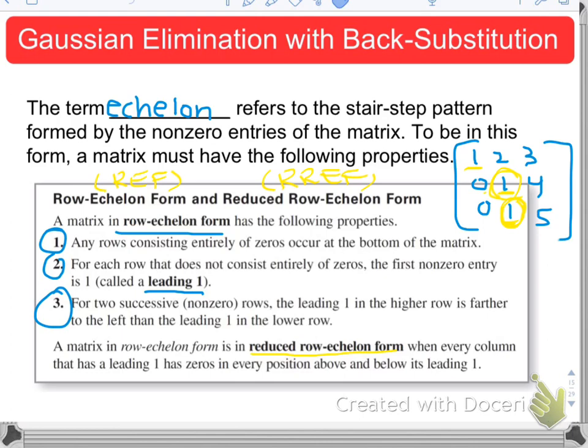If you're not in row echelon form, then you can't be in reduced row echelon form, right? So we could stop there. But what reduced row echelon form is saying is, since there's a leading 1 here, this needs to be 0 and that needs to be 0. Okay, and we're going to talk more about that next week as well.